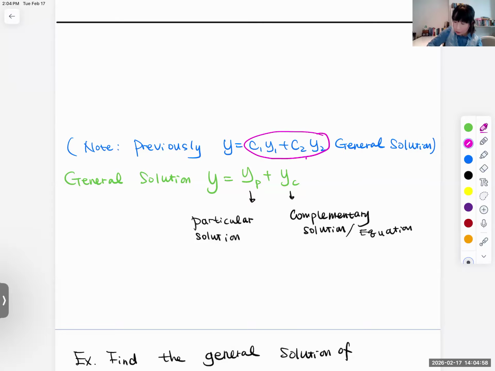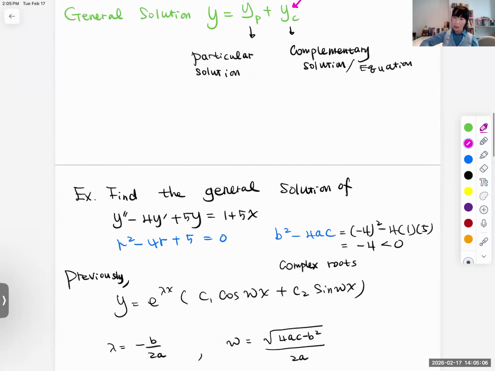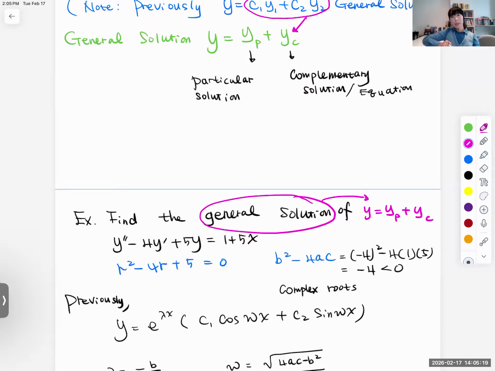Okay, so let us do an example. Let me put this one here. We want to find the general solution. In that case, y equal to y sub p plus y sub c, meaning the particular solution plus the complementary solution, right?